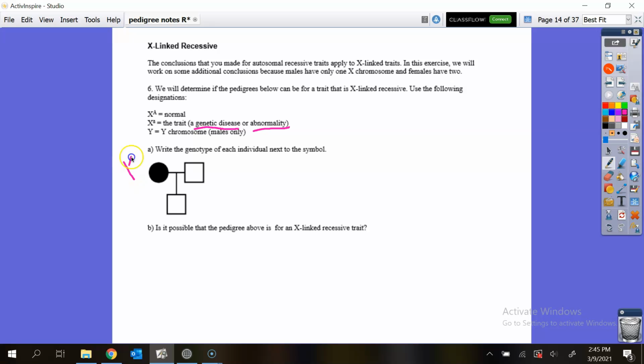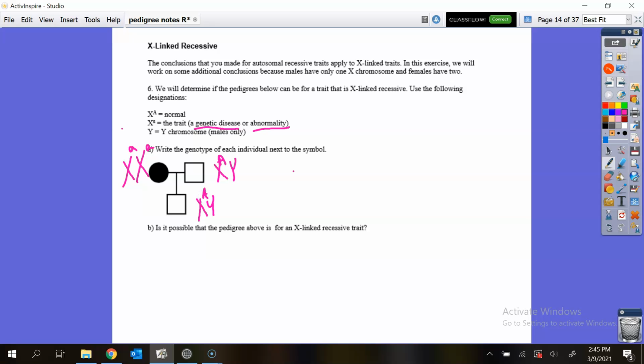So first, any females, you would do XX. Any males, you would do XY, right, to designate them as such. Now, mom has it, so she would have the little a. She would have to be homozygous recessive for it. That's the only way she would have it. Dad does not, so he would have the dominant allele, the big A, and the son does not.